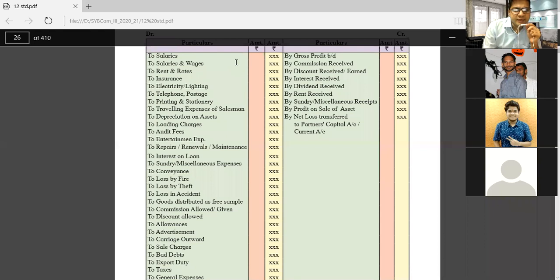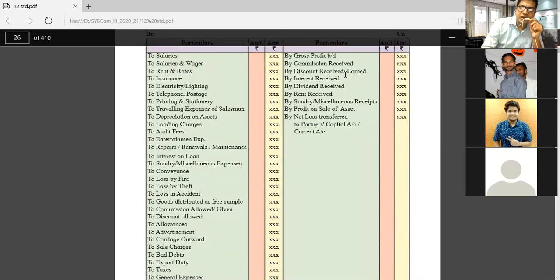Or any sundry incomes, sometimes the partnership firm provides any kind of forms and gets a certain amount of fees. So that also we have to record. Profit on sale of the assets, sometimes an old asset is in scrap, the partnership firm sells these assets because it is in scrap, and whatever amount of profit earned, it is recorded in the profit and loss account credit side.